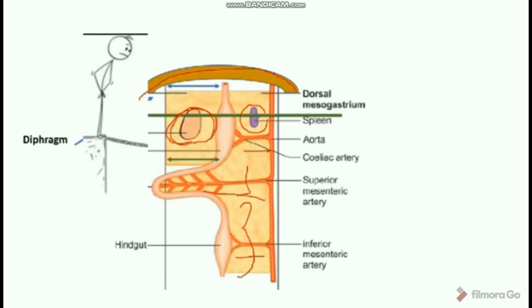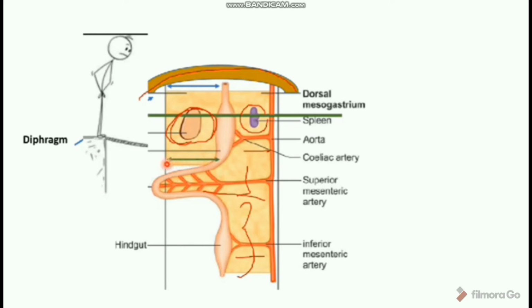Now I have added in here some double-headed arrows. You can see the arrow which is here above, this thing is completely attached to the diaphragm. Just remember that. It's not free, it's completely attached to the diaphragm. But down here you can see the ventral mesogastrium is incomplete, because its purpose is already met, as it wanted to support the liver.